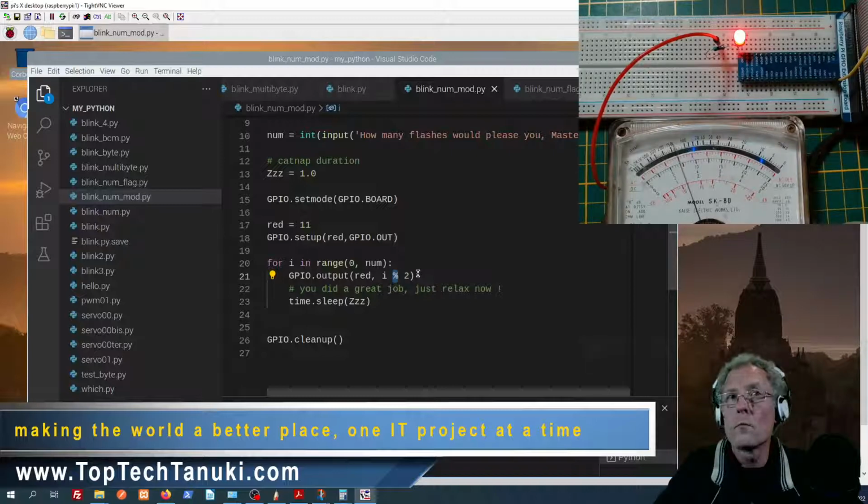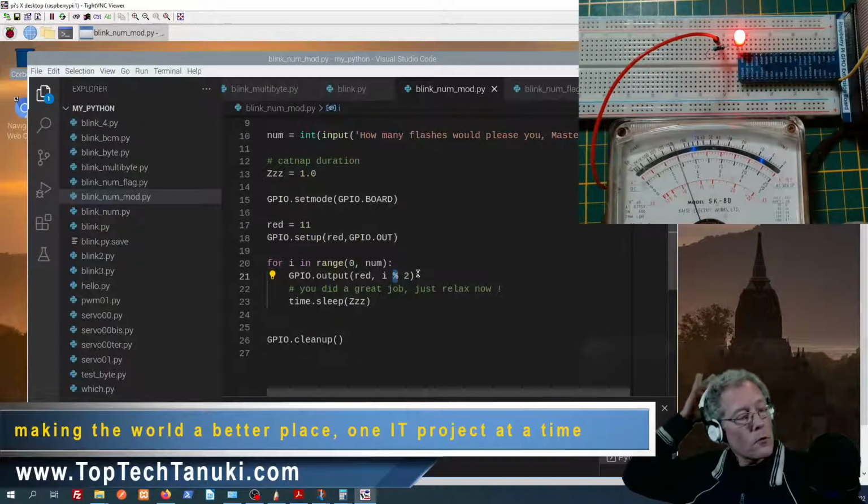So 3 modulo 2 will give you 1, 2 modulo 2 will give you 0, because there's no rest. 20 modulo 7 will give you what? Will give you 6, because 2 times 7 is 14, 6 left. 21 modulo 7 will give you 0.